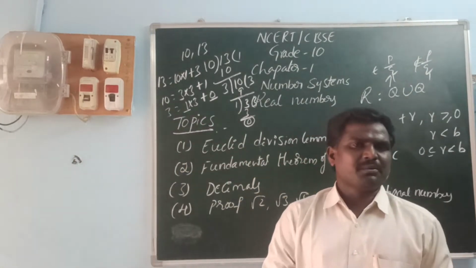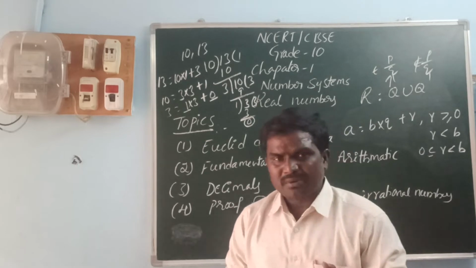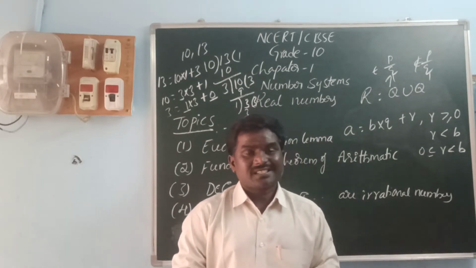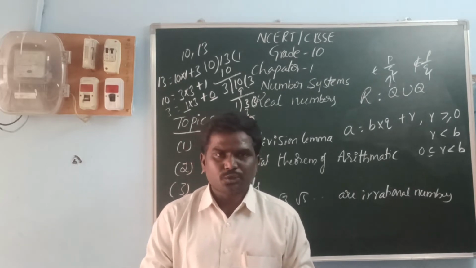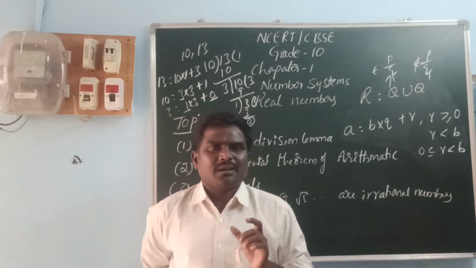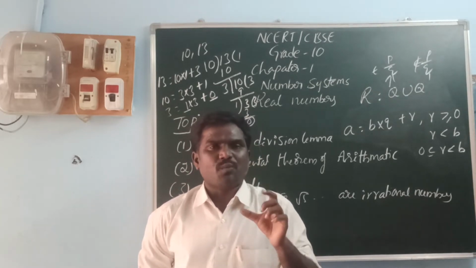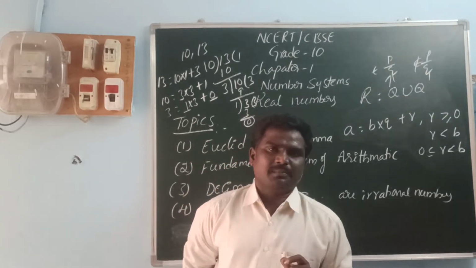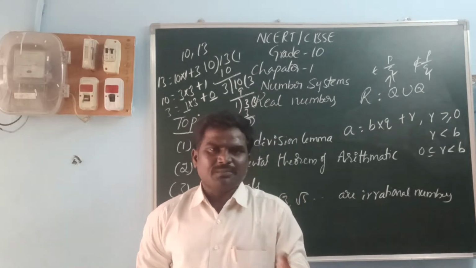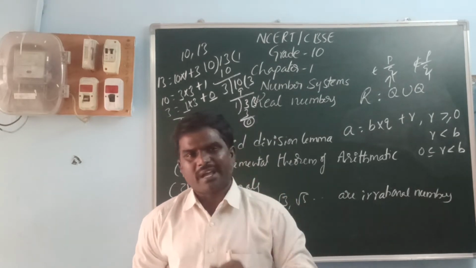So composite number means what? A number having more than two factors. What are the two? 1 and itself. Any number having factors more than 1 and itself is called a composite number. That composite number can be written as a product of powers of prime numbers.